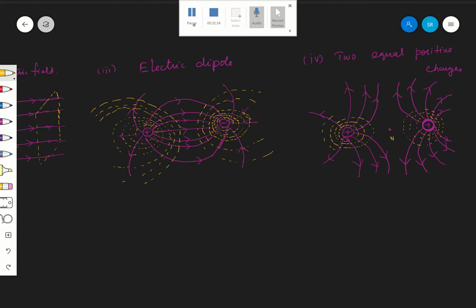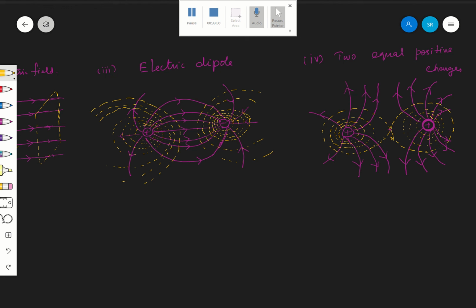These are the field lines, so this is the equipotential surface for two equal positive charges.